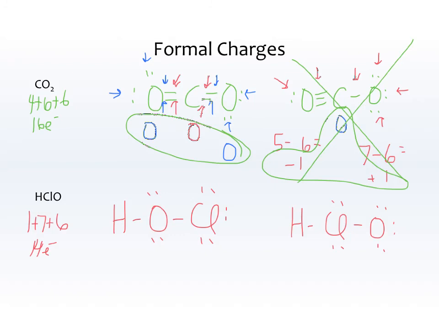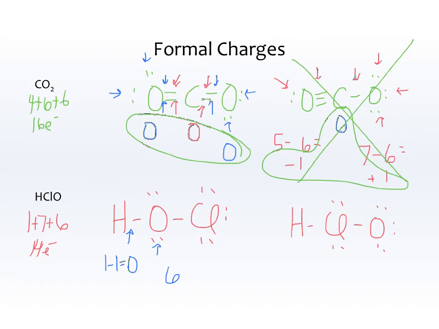But if we look at the formal charges, hydrogen's supposed to have 1. It has 1 bond, so it does have 1. Assigned minus valence is equal to 0. Hydrogen is 0. Oxygen is supposed to have 6, because it has 6 valence electrons.